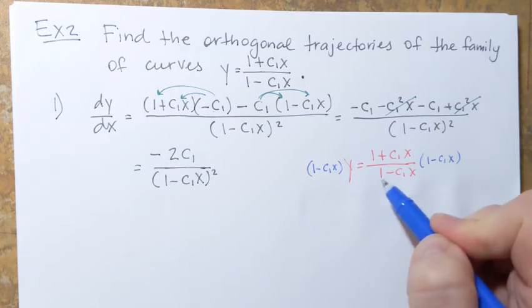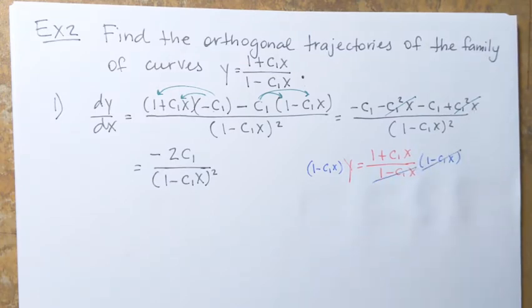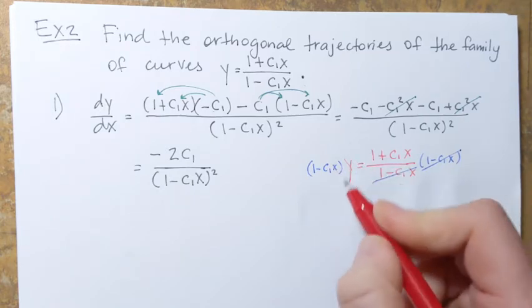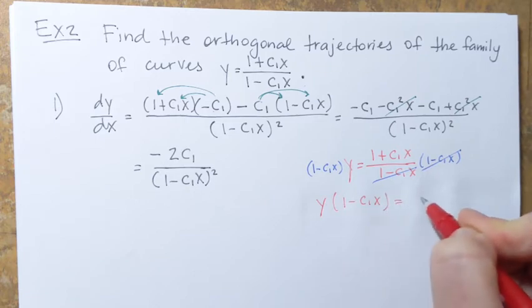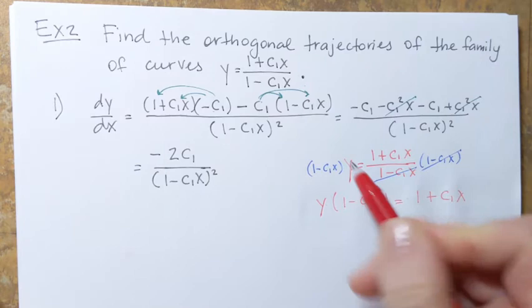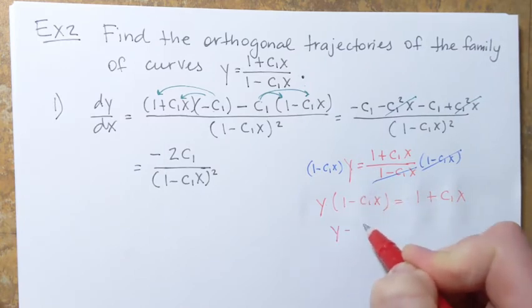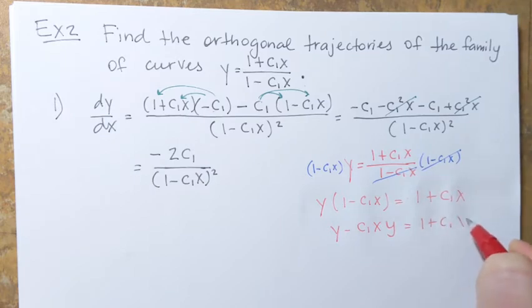Now on the right hand side, I can divide out 1 minus c1x, and what I have is y times (1 minus c1x) on the left, and then 1 plus c1x on the right. On the left, let's distribute: y minus c1xy equals 1 plus c1x. Why are we doing all that? Remember, we had to take all those steps so we can get c1 by itself.